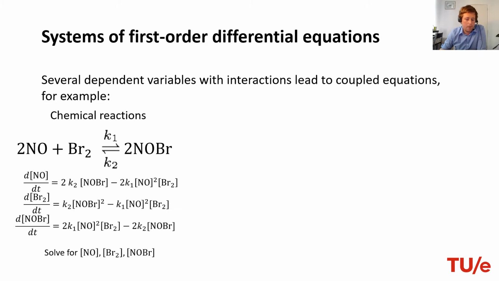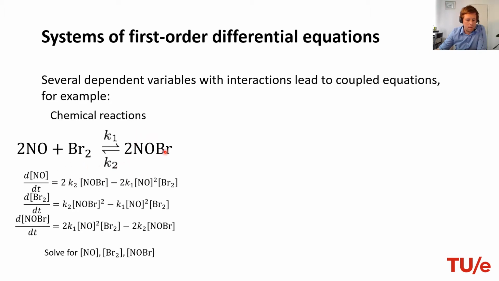For example, when looking at some chemical kinetics reactions, and this is an example we also looked at in the initial video for this chapter, we have three different variables: the concentration of NO, the concentration of Br2, and the concentration of NOBr.